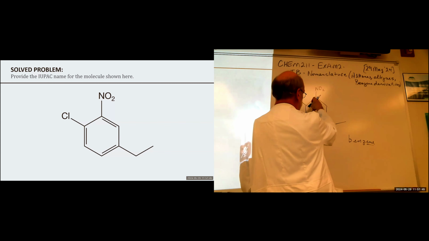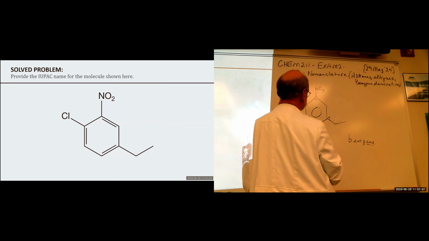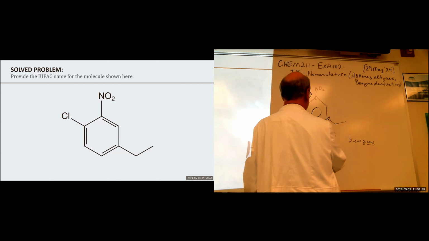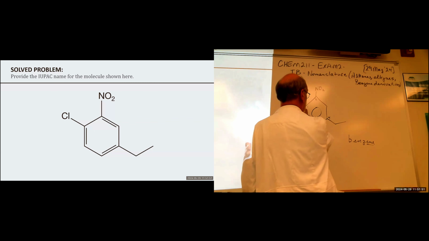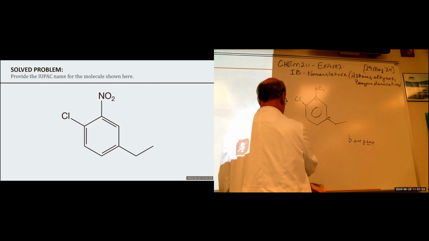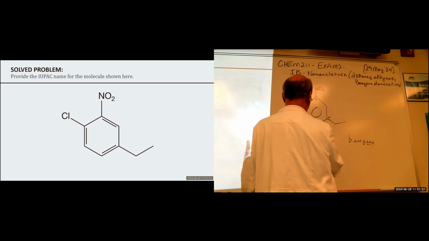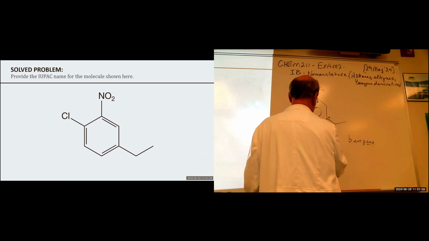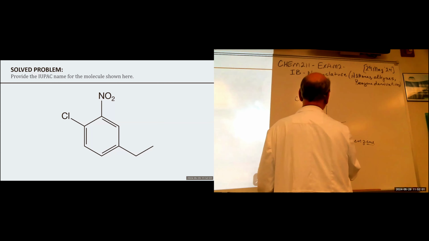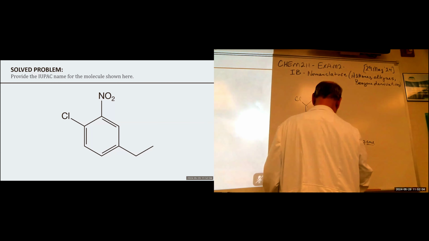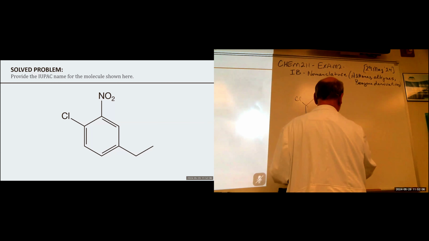So I think we found the smallest number here. So let's see, ethyl, chloro. Chloro comes first. 1 chloro. And then 4 ethyl. And then 2 nitro.